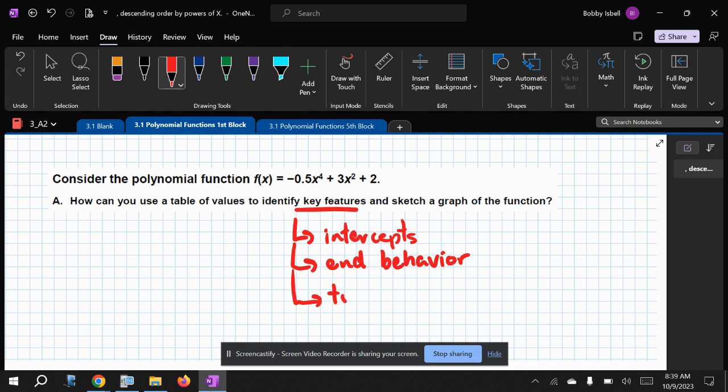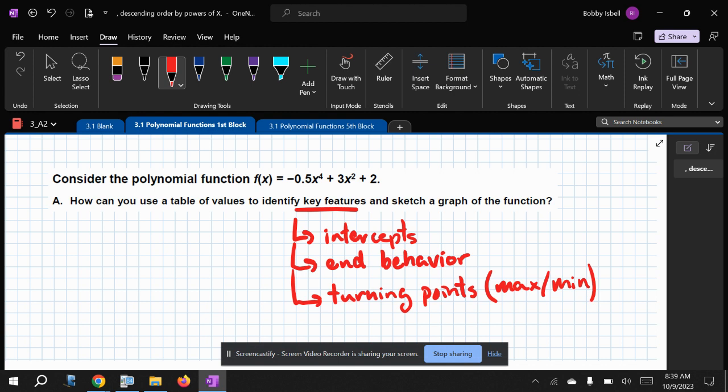Talk about turning points. And turning points are maxes and mins. Okay? Turning points, end behavior, x-intercepts, y-intercepts. Those are key features that we're going to look at for this graph.